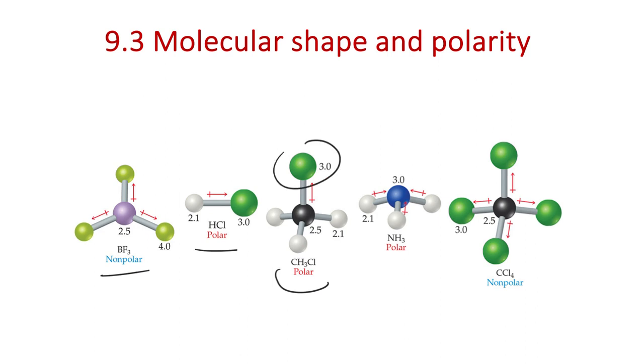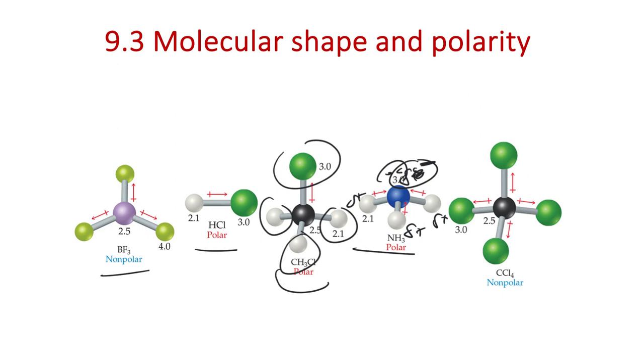If this is an H, it's nonpolar. If all of these are chlorines, it's nonpolar. But if they're not all the same, the molecule is certainly going to be polar. So CH3Cl is polar, ammonia is polar, with the electron pair giving a negative end of the molecule on the electronegative nitrogen and partial positives on the hydrogens, and CCl4 is nonpolar.